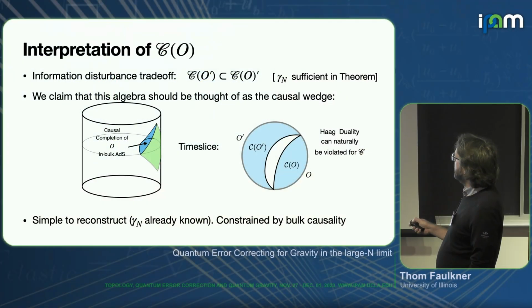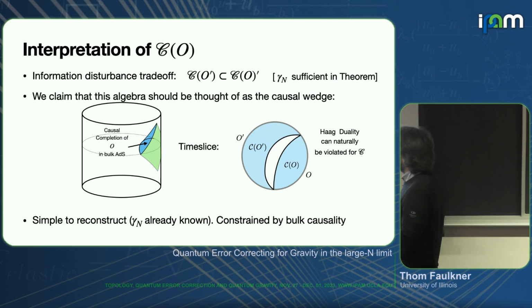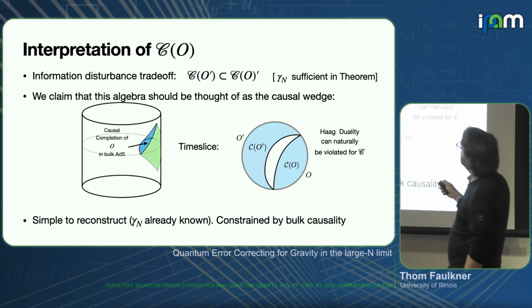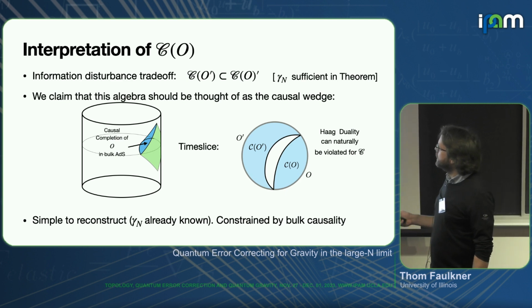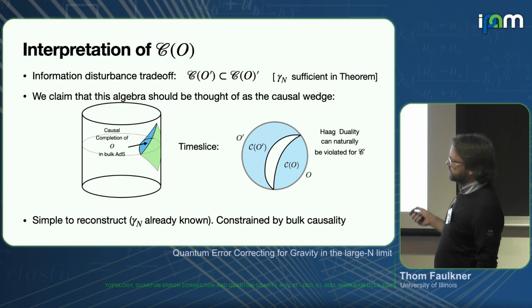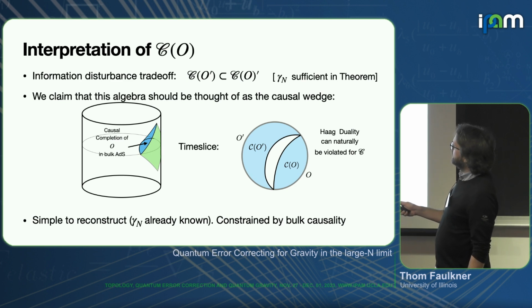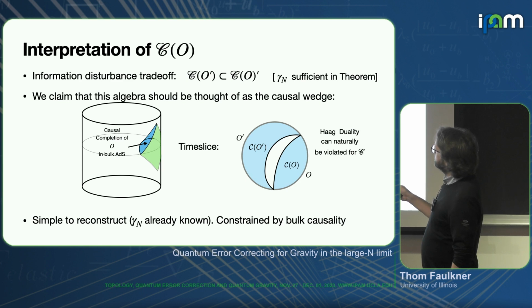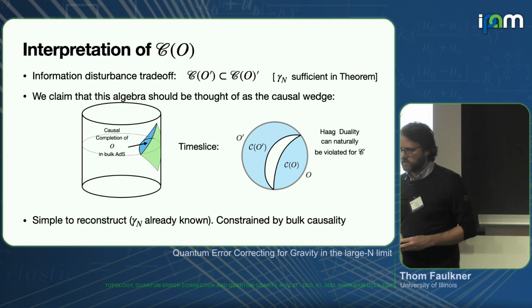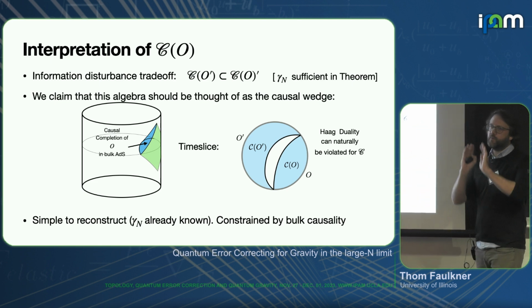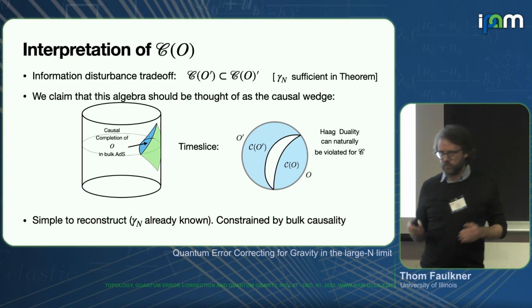So C of O prime, some von Neumann algebra associated to O prime, is contained in the commutant of C of O. And I claim this is related to boundary theory causality. In particular, this algebra, C of O, you should think of as related to something called the causal wedge in AdS/CFT. So now I'm going to assume AdS/CFT and draw a picture of what C of O is.